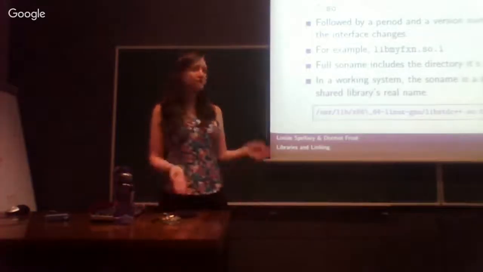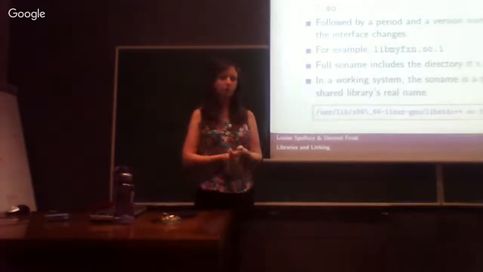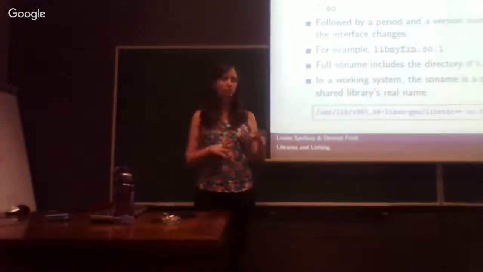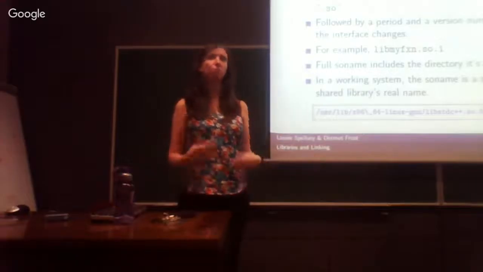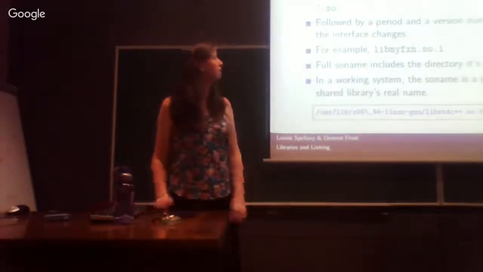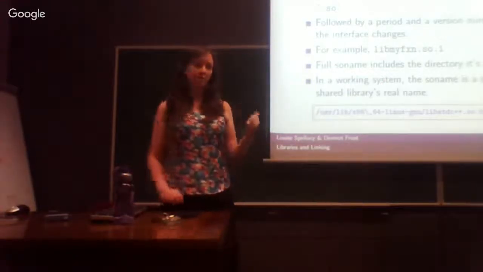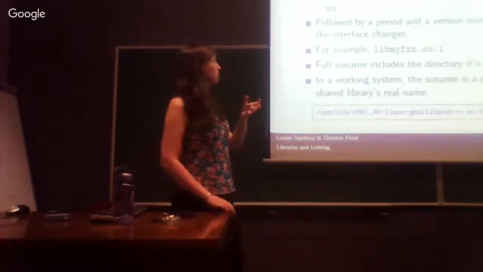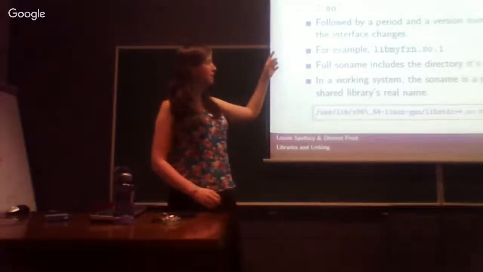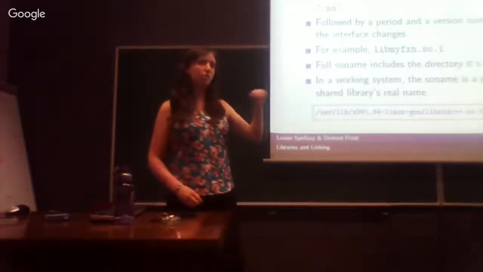So we need to look at the naming conventions of libraries first. I don't know how much you look at installing and looking at libraries, but they have a specific naming convention, which means they tend to be very portable. The first thing they have is an SO name, which is the special name of the library. It's the prefix lib followed by the name of the library followed by the suffix .so.